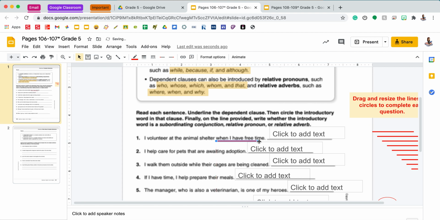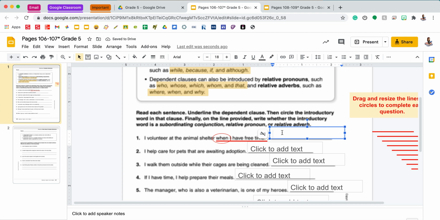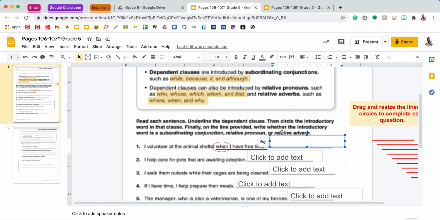So I need to underline my dependent clause and then circle the word that it starts with, which is when. And then I need to identify if when is a subordinating conjunction, relative pronoun, or relative adverb. Using my lists at the top, when is a relative adverb.